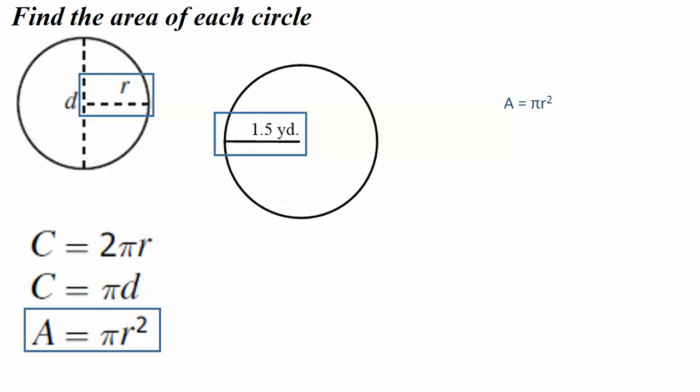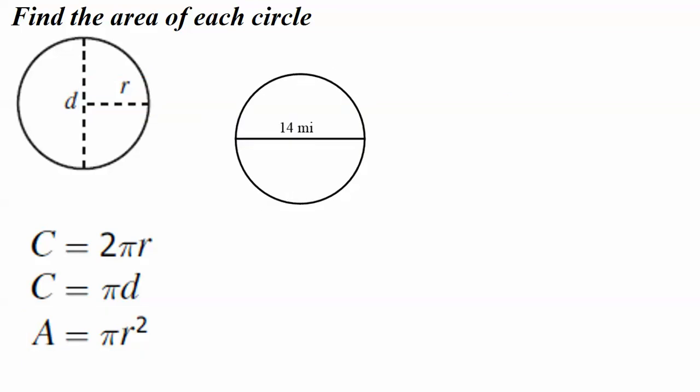So if area is pi times radius squared, and my radius is 1.5 yards, I'll find that my area is pi times 1.5 squared, yards squared. 1.5 squared, that is 1.5 times 1.5, is 2.25. So my area will be 2.25 pi yards squared, or about 7.1 yards squared.